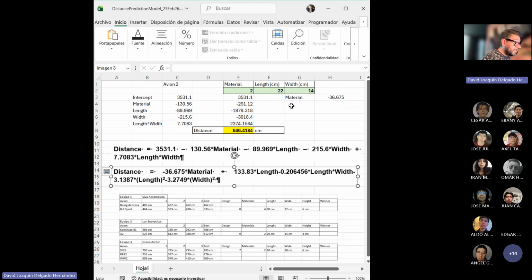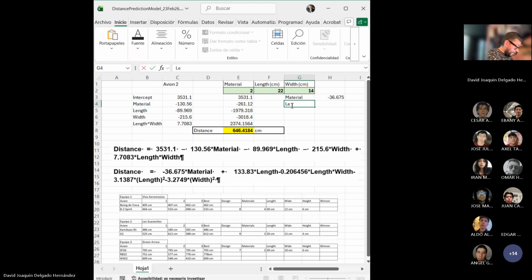Okay. Then the following will be the length, and the coefficient is 133.83. Okay. Then the following term is 0.